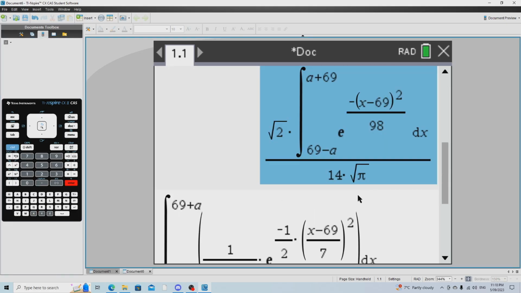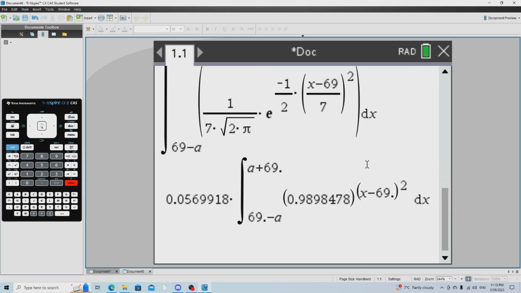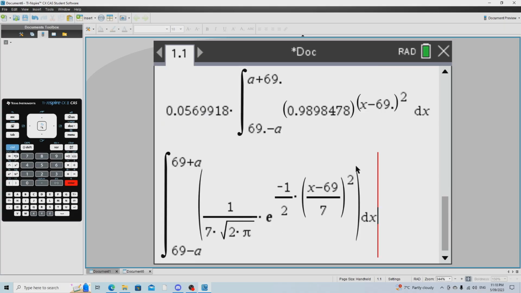What have I done here? Oh my god. I should have written that it's all equal to 0.64.